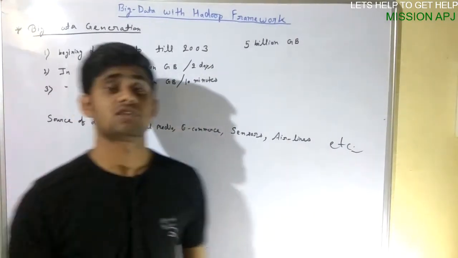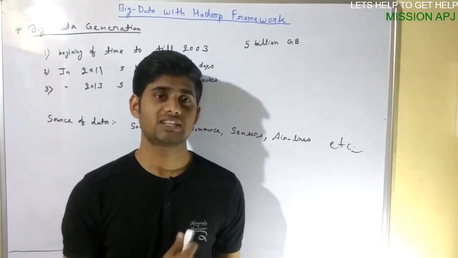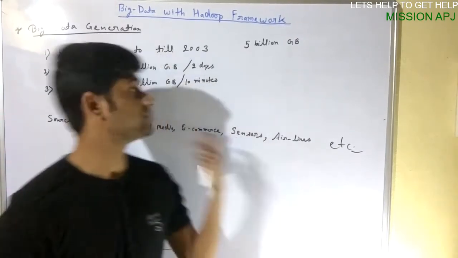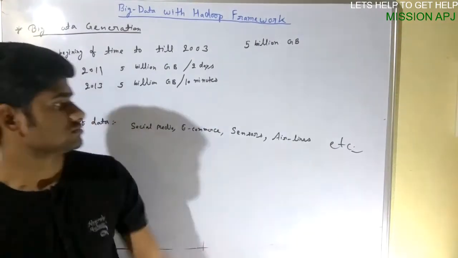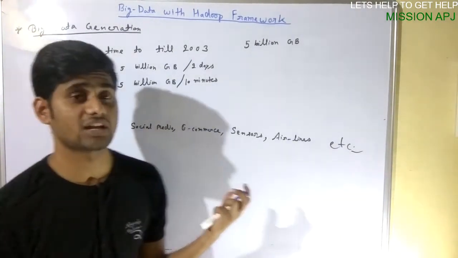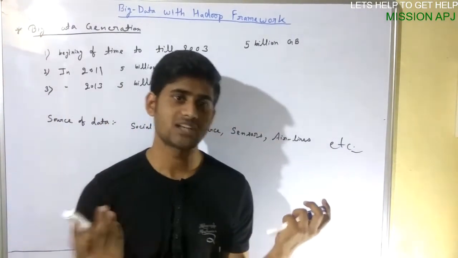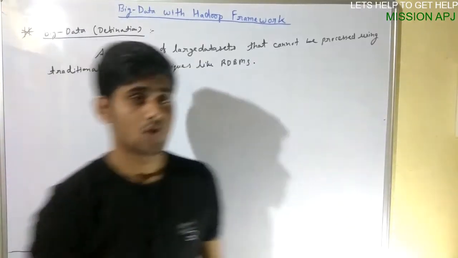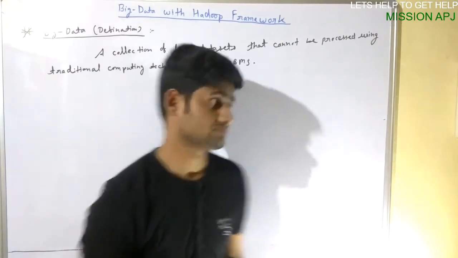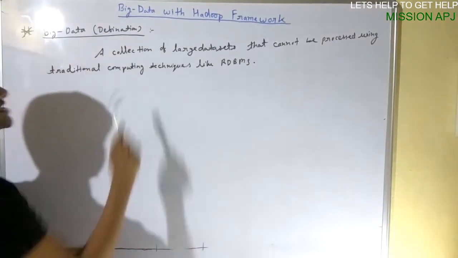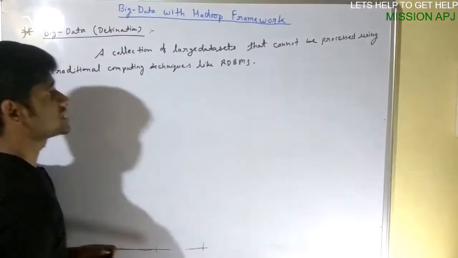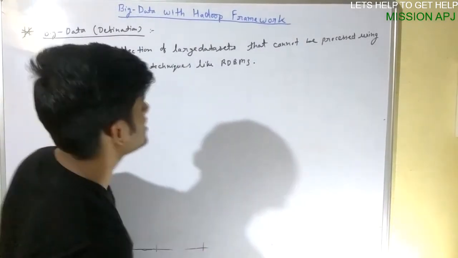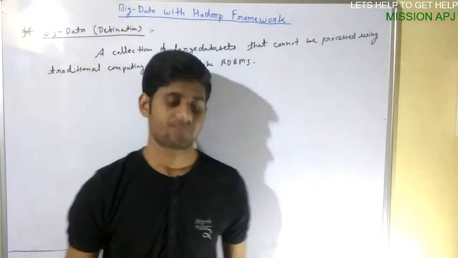Okay, let us understand the definition of big data. What do we call big data? We got how big data has been coming. From the word itself we can understand what big data is, but let's define it so that things will be clear. Definition of big data: a collection of large data sets that cannot be processed using traditional computing techniques like RDBMS.